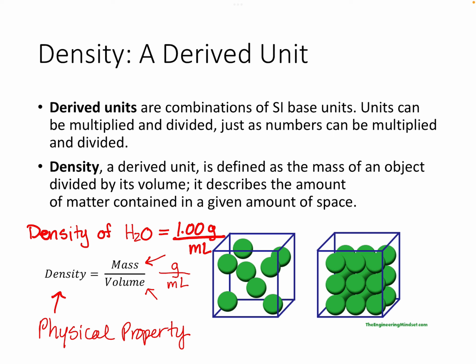Now let's look off to the side here. We have a box with just a few atoms in it, and then another box with more atoms in it. So let's call these A and B. Which box do you think has the higher density, or higher mass to volume ratio? A or B?